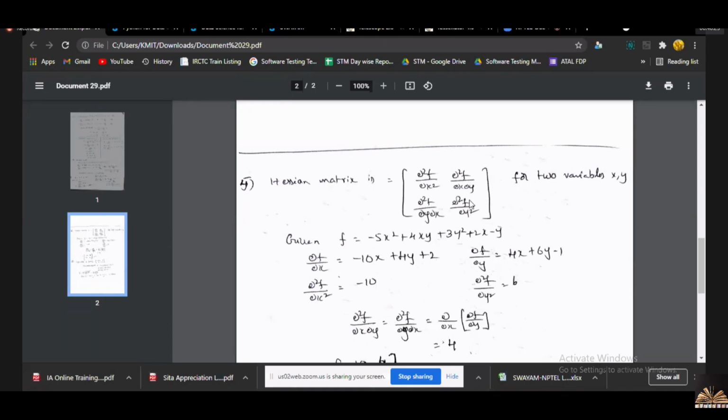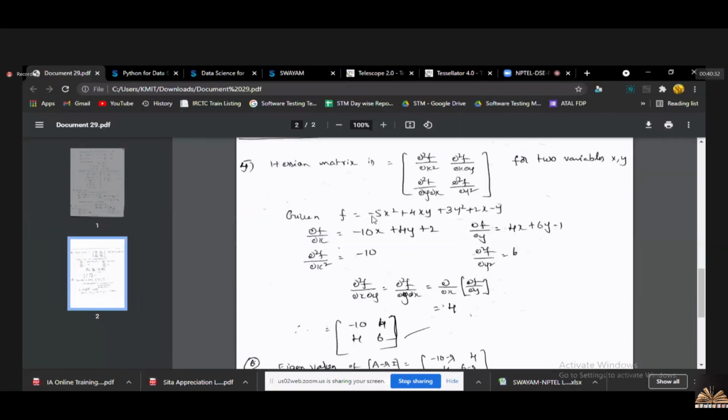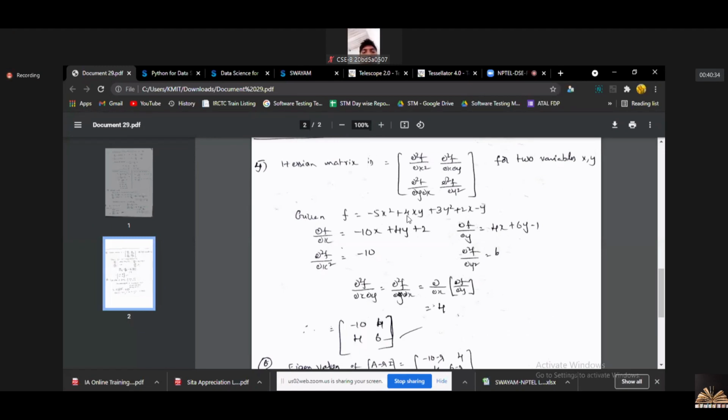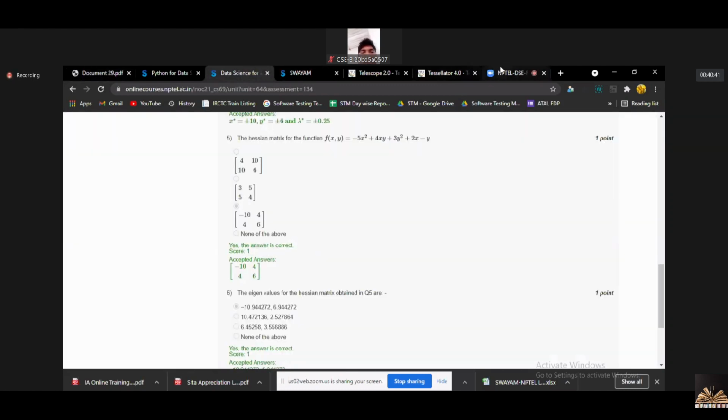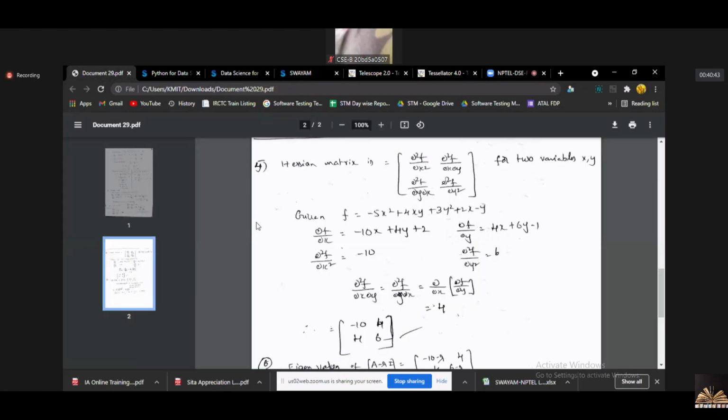So all are second derivatives for the two variables x comma y. Now what is the function given here? Minus 5x square plus 4xy plus 3y square plus 2x minus y. Understand this carefully.